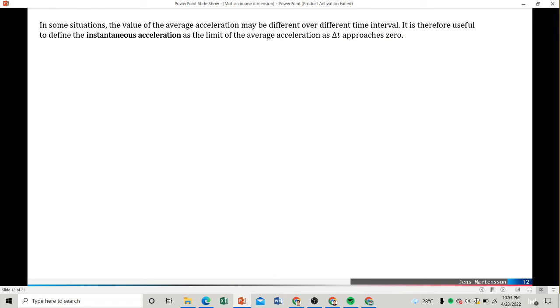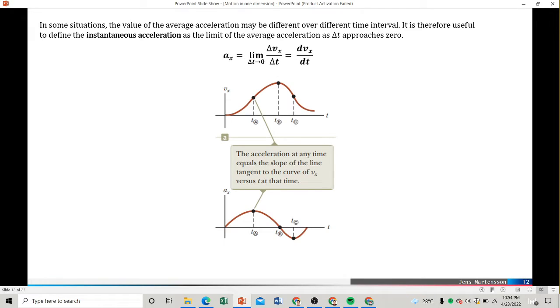In some situations, the value of the average acceleration may be different over different time intervals. It is therefore useful to define the instantaneous acceleration as the limit of the average acceleration as change of t approaches 0. Instantaneous acceleration, or acceleration at a specific instant in time, is obtained using the same process discussed for instantaneous velocity.